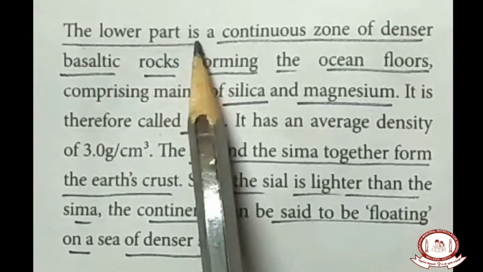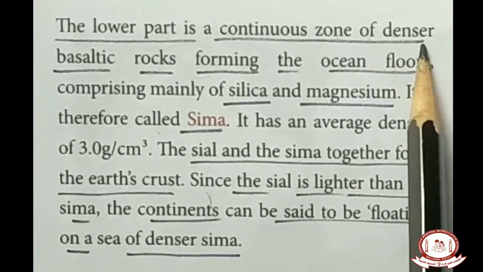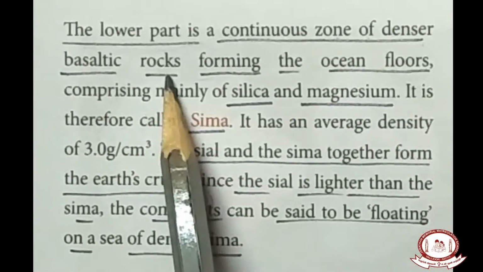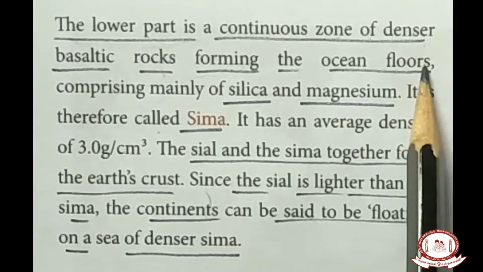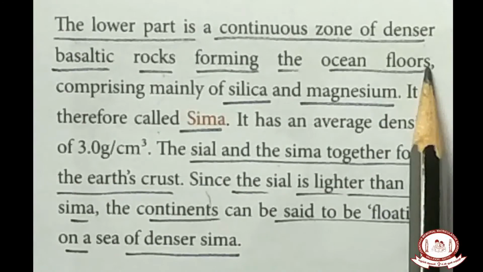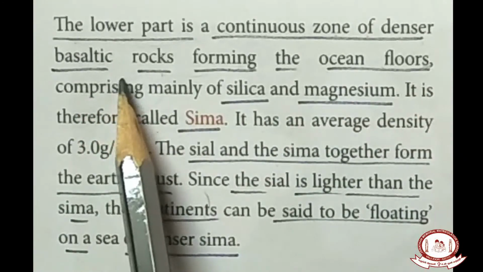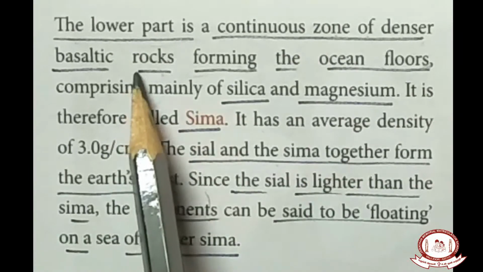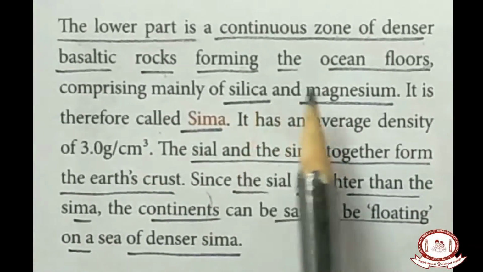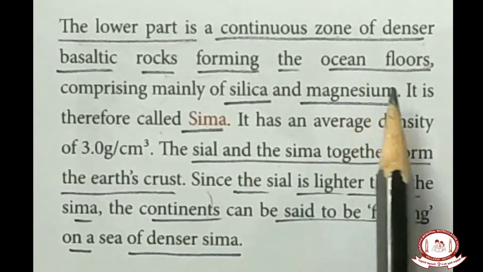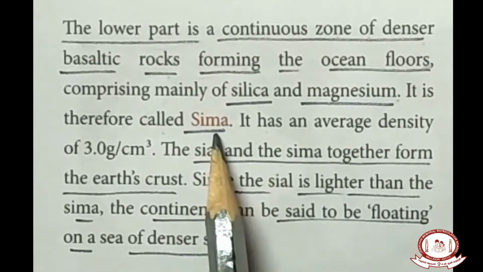The lower part is a continuous zone of denser basaltic rocks forming the ocean floors. That basalt rock is mainly made up of silica and magnesium. Therefore, the oceanic crust is said to be Sima.